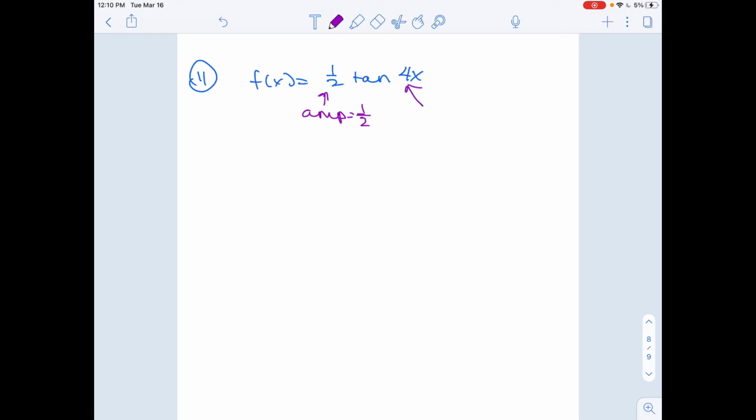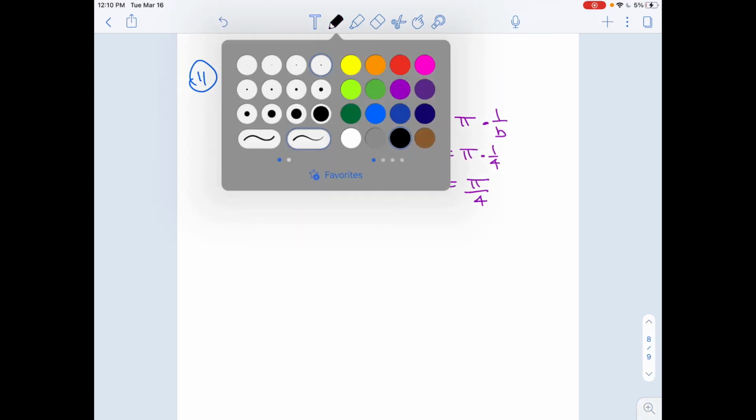We also see there's a b value on here, which changes the period. Typically the period of tangent is pi, but now we're going to multiply it by 1 over b, which is 1 over 4. So now, instead of the period being pi, it's pi over 4, which is much smaller than it was before. So this is going to happen really quick.